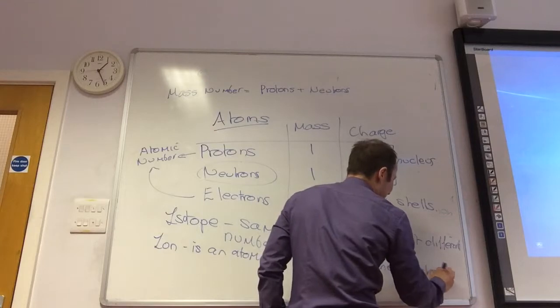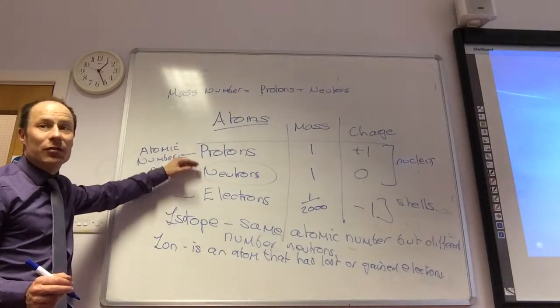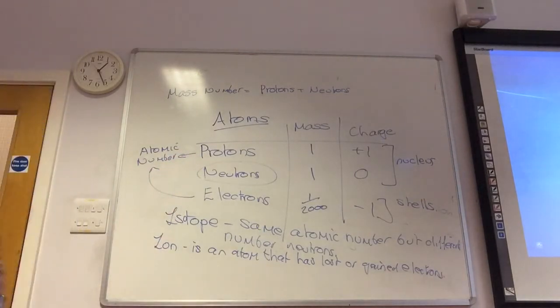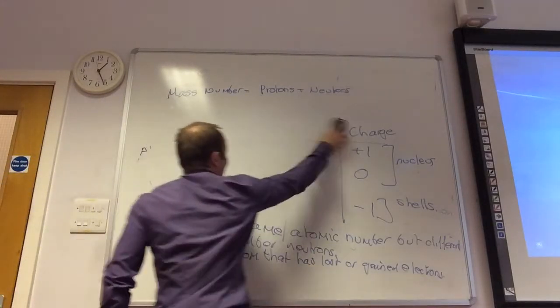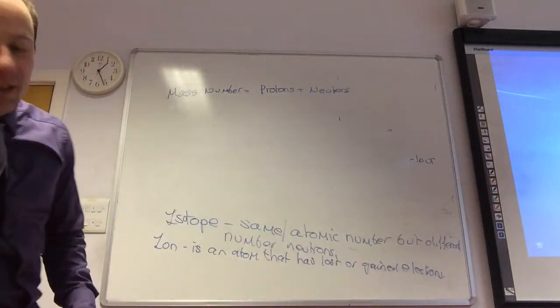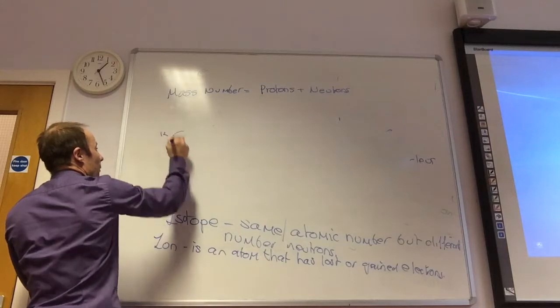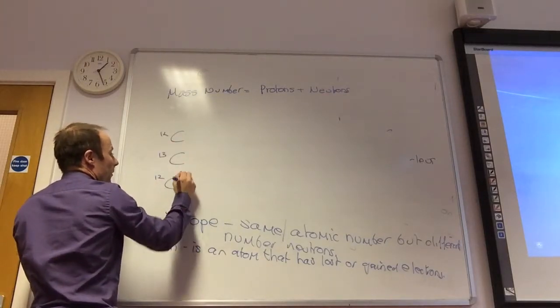So key thing, in an ion, the protons and neutrons haven't changed at all. It's only the number of electrons that has changed. Sometimes they'll give you a typical question. So let's say we've got carbon 12, carbon 13, and carbon 12 plus.